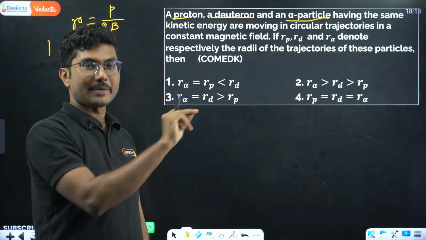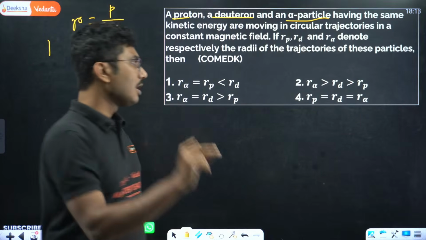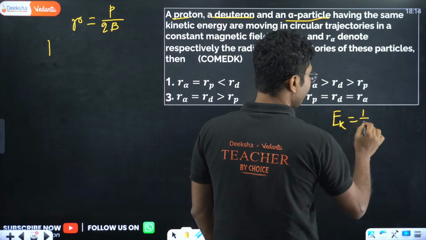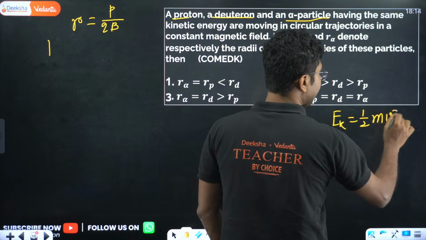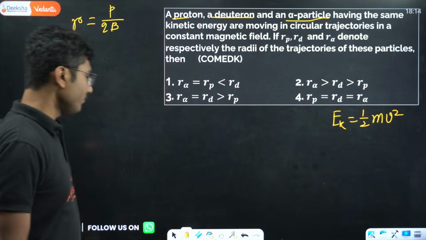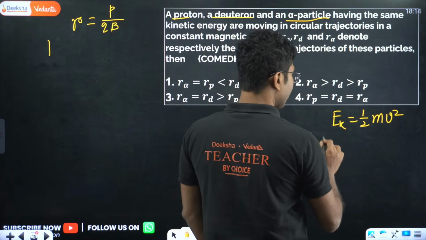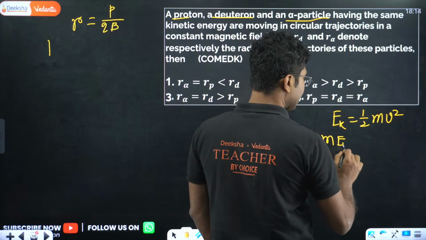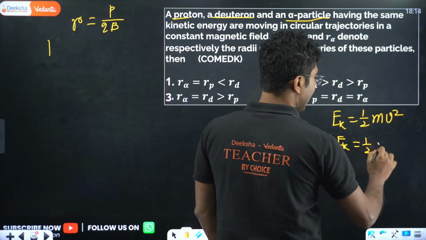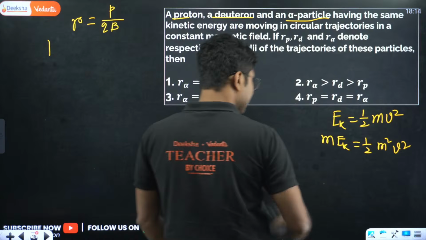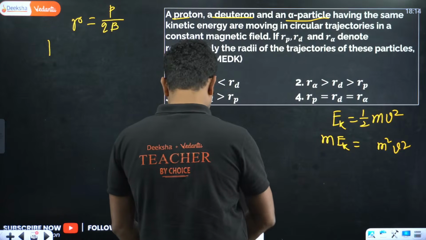Even if they have the same kinetic energy, because of their different masses, kinetic energy is given by half m v square. Now, if you multiply m on both sides, you get m into kinetic energy equals half m square v square. Let's borrow this half from the right hand side to the left hand side.